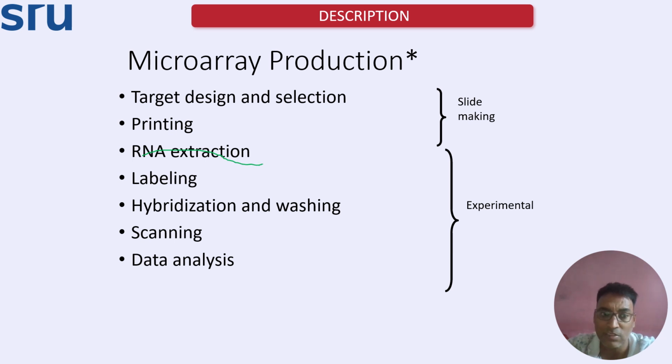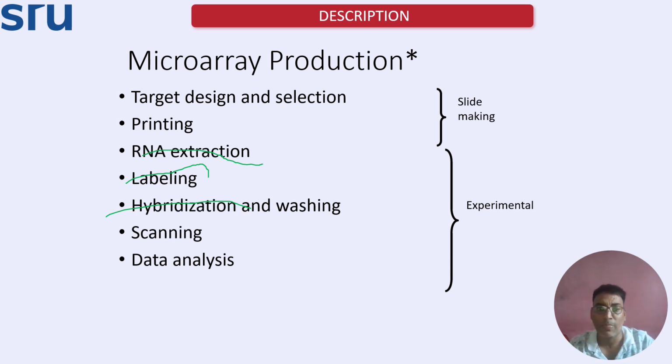Once the RNA is there, I need to label it. Then hybridize and wash it so that the unbound samples and unbound sequences can be removed. My required sample is bound onto the target design gene sequence, which is already present on the microchip.